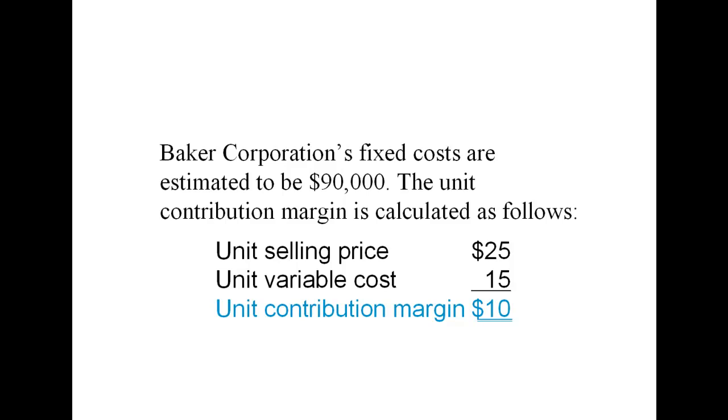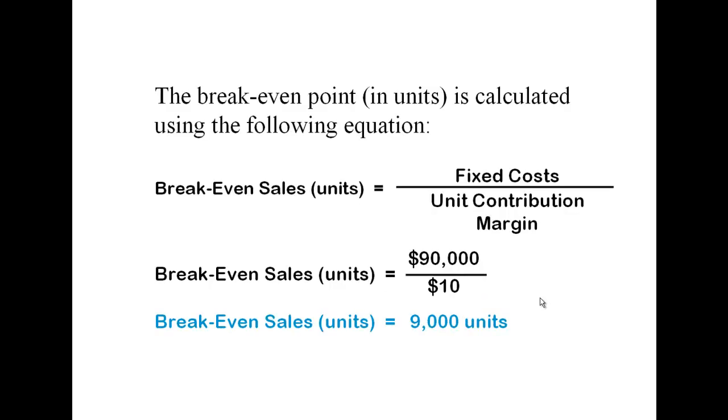And in this example where we're given $90,000 as being the fixed cost and our unit selling price is $25 and unit variable cost is $15 and our unit contribution margin is $10, we can use this information to come up with an estimation of what our break-even point is going to be, right? So if we have fixed cost of $90,000, we can see that here, and we divide that by the unit contribution margin, we're going to break even at the point where we sell 9,000 units, right?